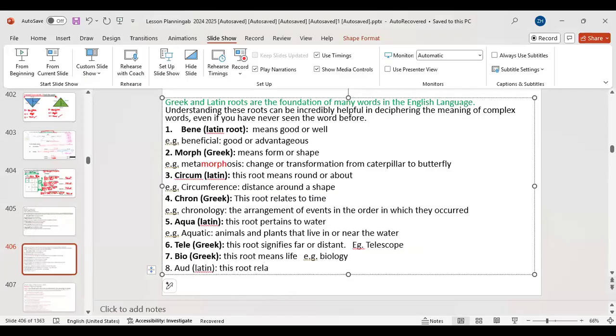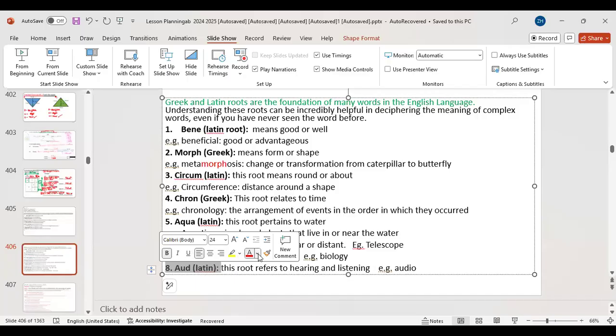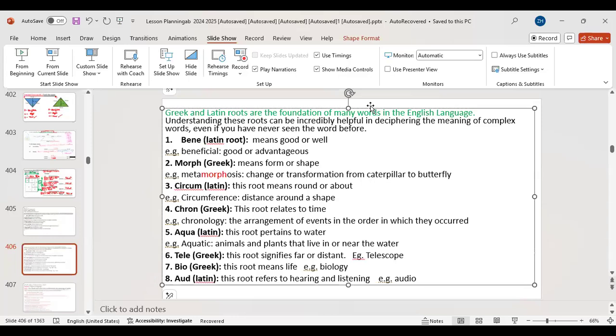This root relates to or refers to hear or listen. So an example would be audio. If I'm an audio engineer, what do I do? Audible, because you use sound.